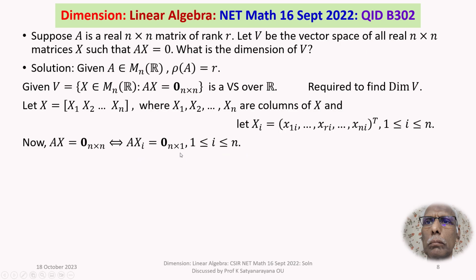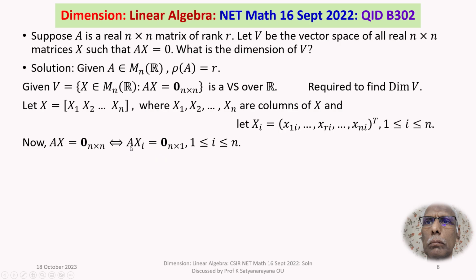This is a system of homogeneous linear equations, n linear equations in n unknowns, where the coefficient matrix A has rank r. Then we have studied and we know that this homogeneous system is anyway consistent, wherein n minus r variables are arbitrary.